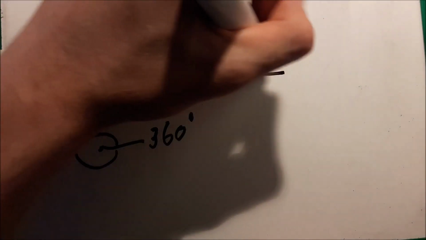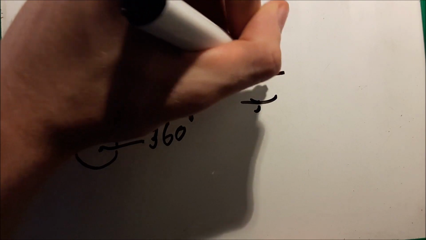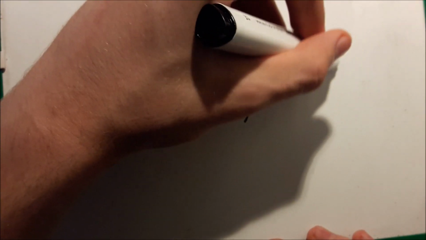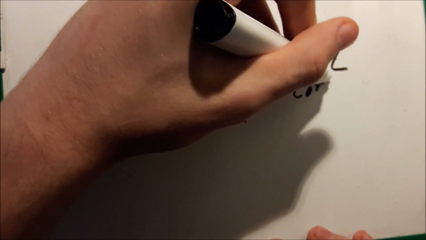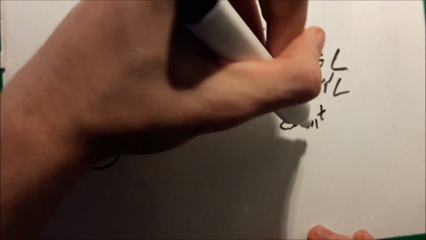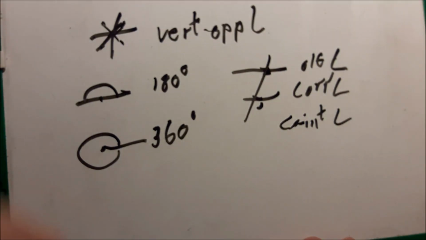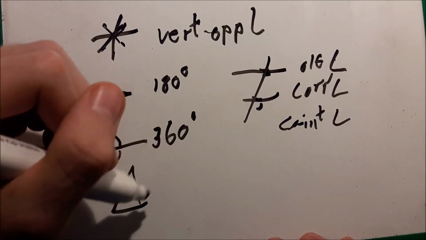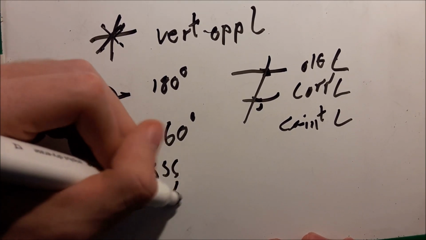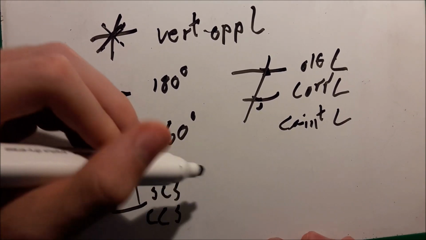And then we have with parallel lines, alternating angles, corresponding angles, and co-interior angles. And then with congruent triangles: side side side, side angle side, angle angle side.